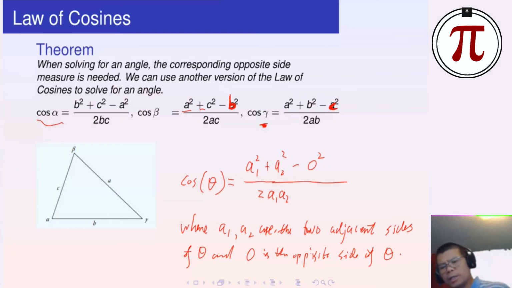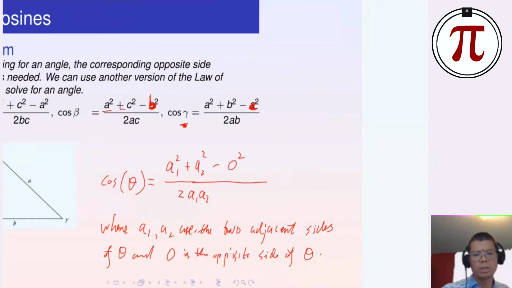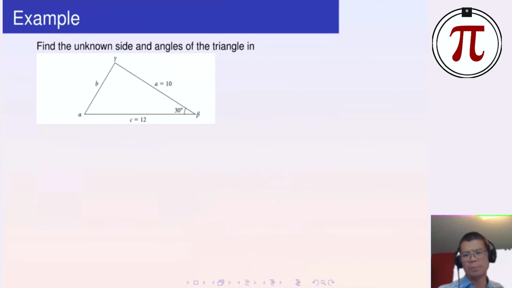This summarizes the three formulas above. So these are how we can use the law of cosines to solve a triangle if certain information is given. Now let's do an example.